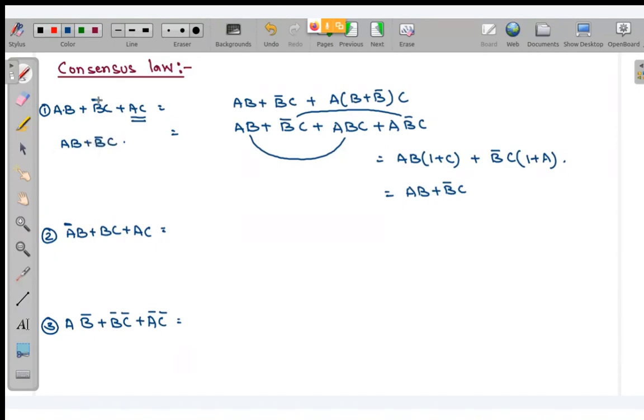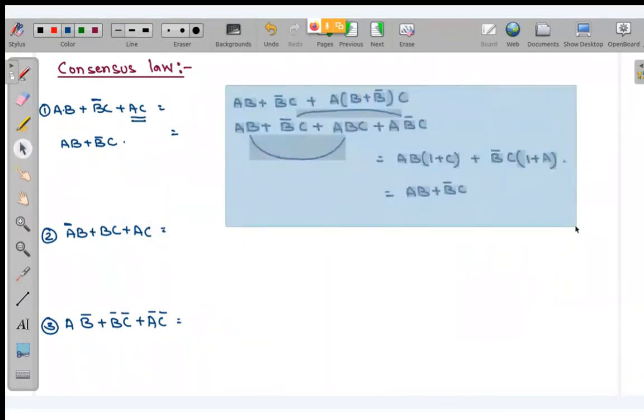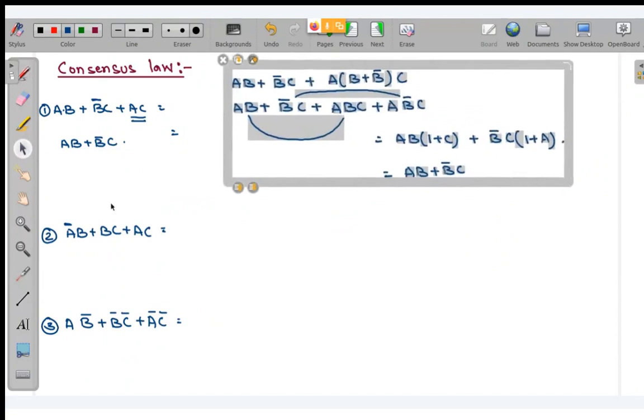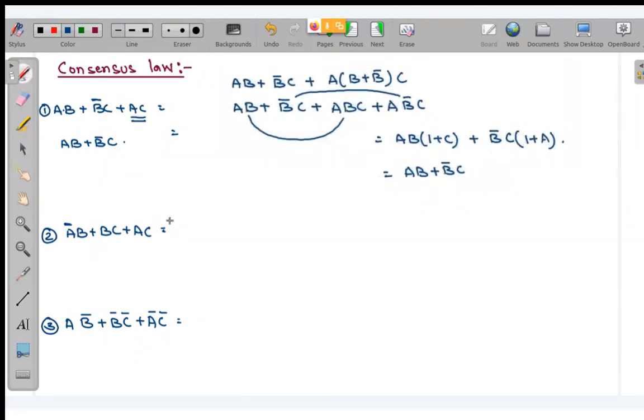Now I will tell you one trick. First tell me what will be the reduced expression for this second one. Quickly tell me. Then I will tell you the shortcut. If you solve this also using the same methodology, I am going to expand this one. So this is A bar B plus A plus A bar BC plus AC.